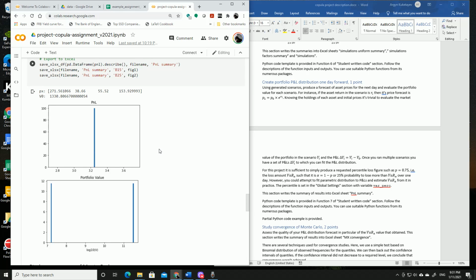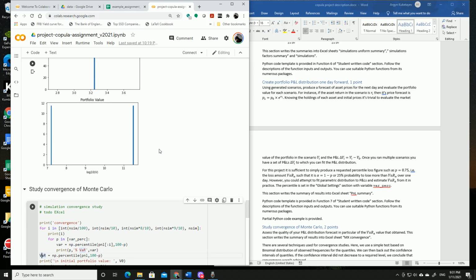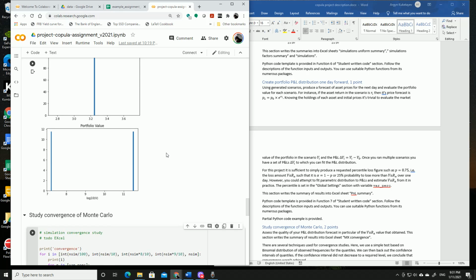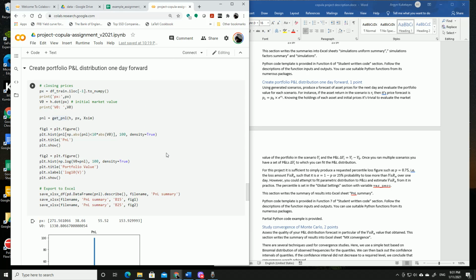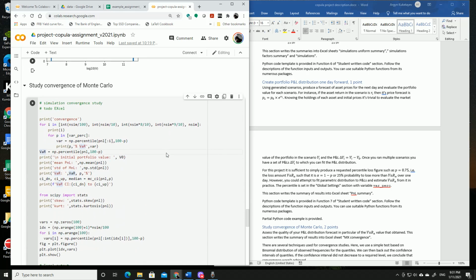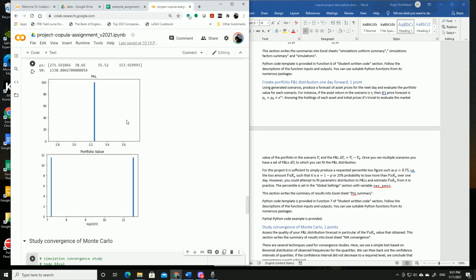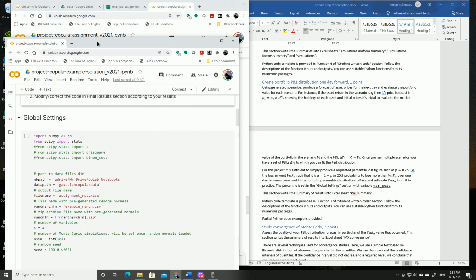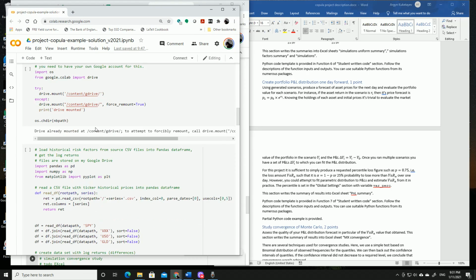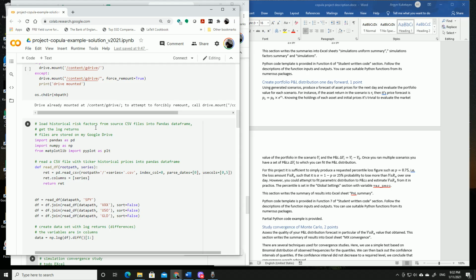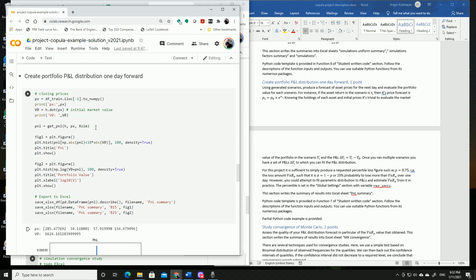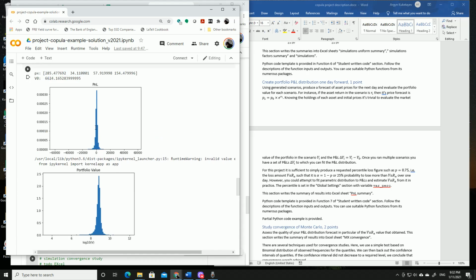So having the P&L is a great thing. This distribution doesn't look very interesting, because it's an assignment, it's not my example file. So I'll show you the P&L and how it looks in my example. Actually, it's more interesting. If you ran my example, and I'm not sharing this with you, then you would have gotten something like that.